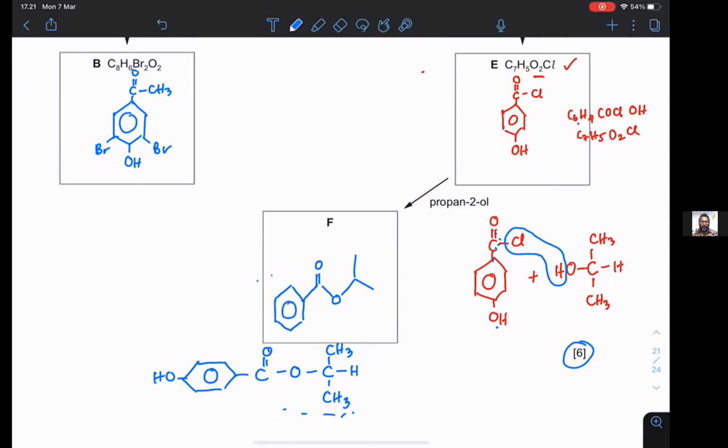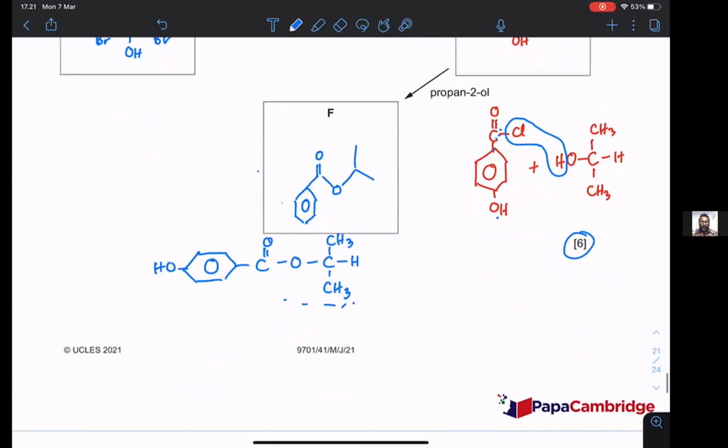And then maybe the carbon is joined here. So I'll just draw the carbon like this, join here, and then it's going to be joined to OH. I think this one is better. So I will keep it this way.